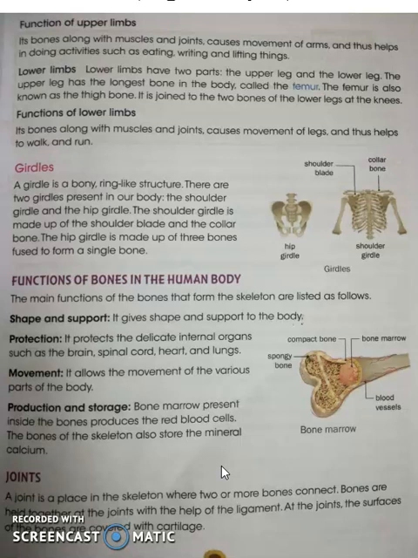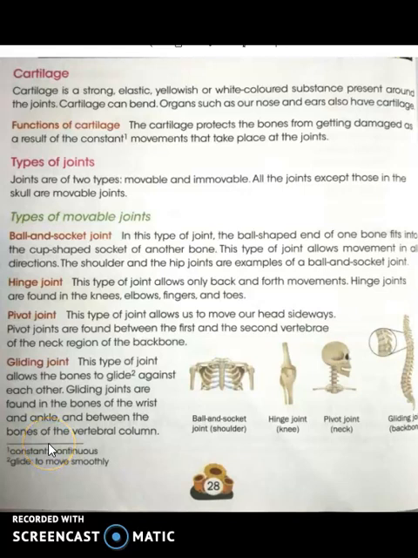At the surface where these bones are connected, we have cartilage. Now what is cartilage? Cartilage is a strong, elastic, yellowish, sometimes white colored substance present on the surface. It can bend. What is the function of this cartilage? Its function is to protect the bones from getting damaged.